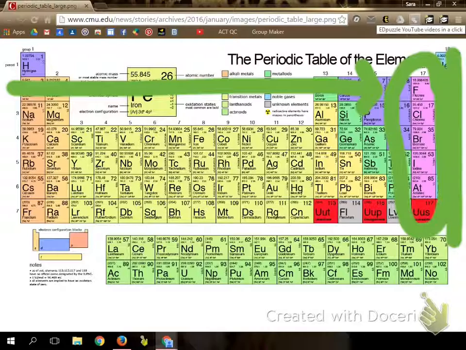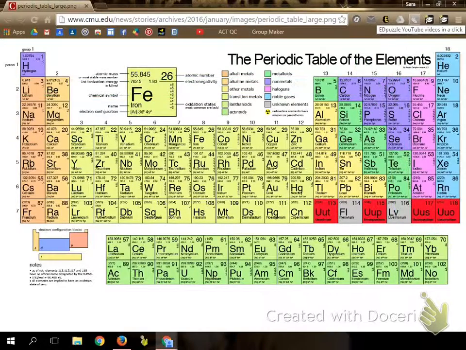Especially in the transition metals, it's really hard to tell, because the transition metals' charges aren't as defined or regular.